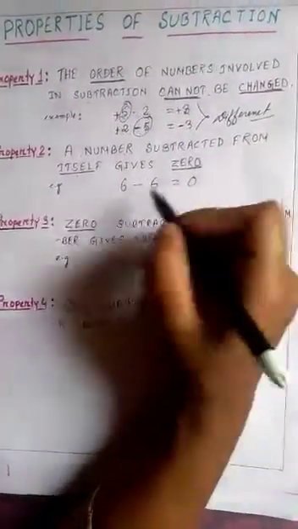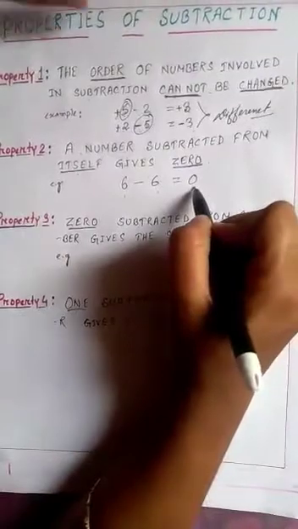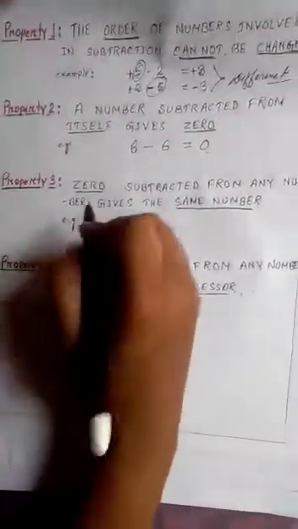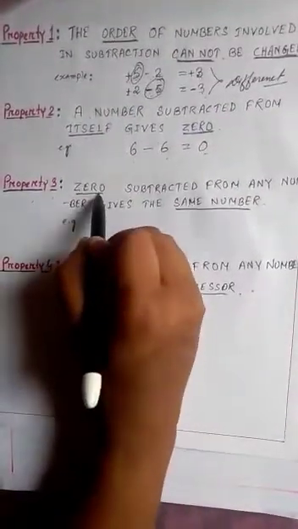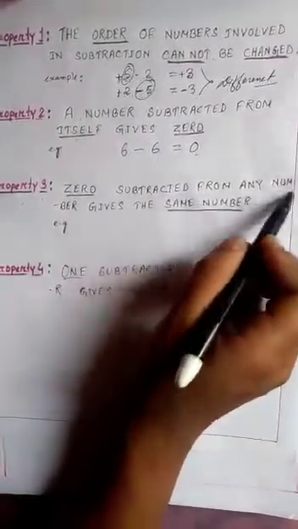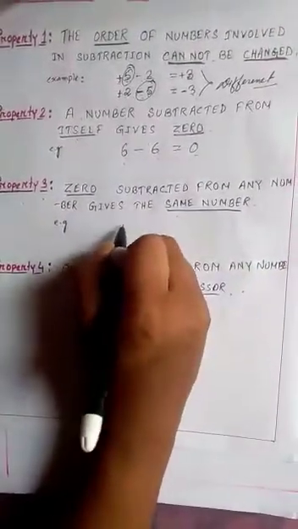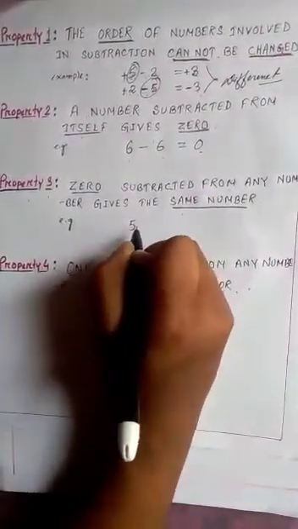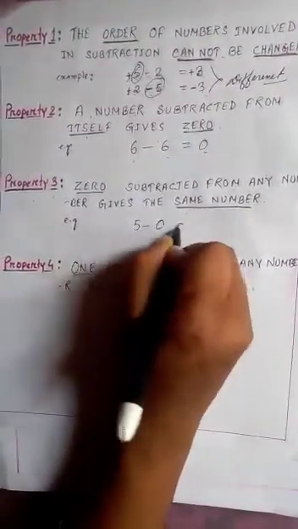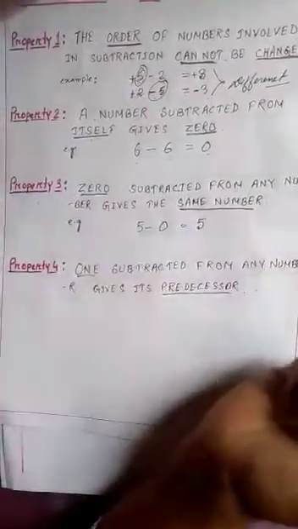That means 0. So 6 minus 6, we will get 0 only. And property number 3: 0 subtracted from any number gives the same number. So 5 minus 0, you will get the same number, 5 only.